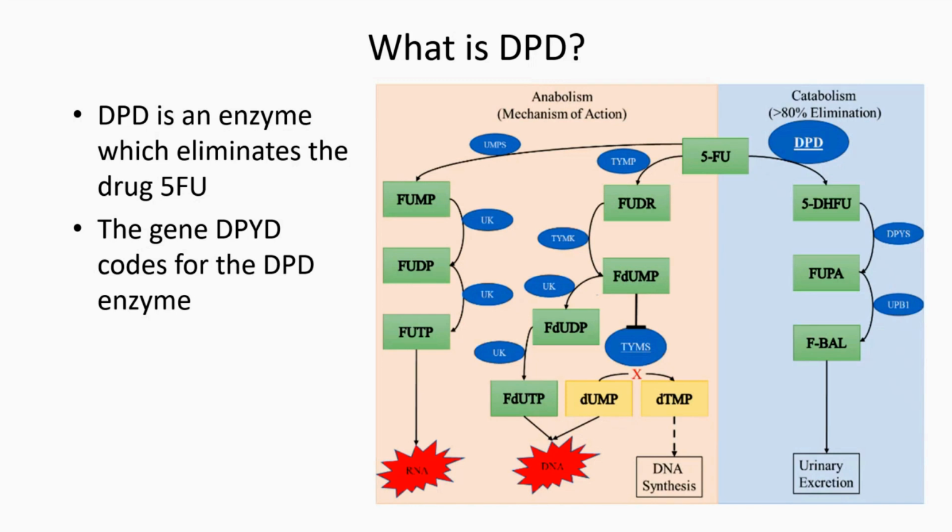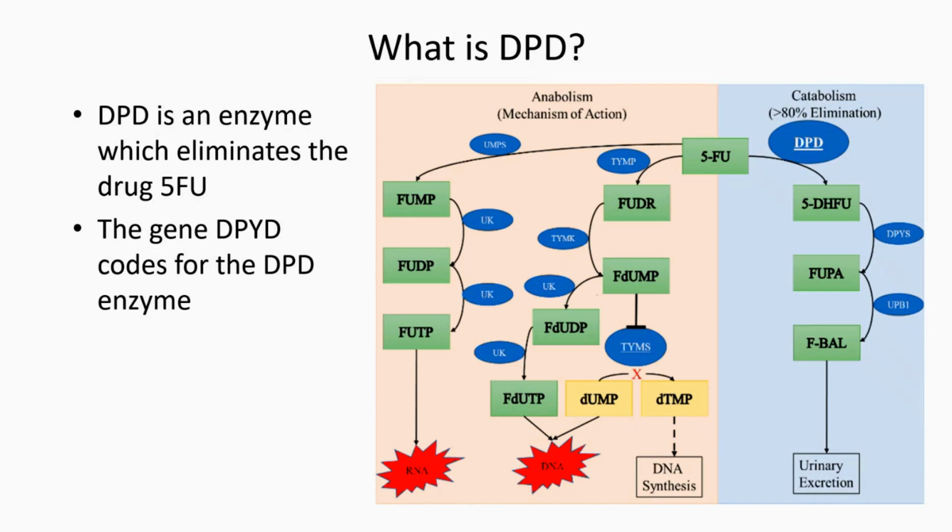This is a very rapid process, and we'd expect that the 5-FU drug, when it's given as an infusion, will only stick around in the body for about an hour before it's all removed. Then approximately 20% of the 5-FU goes on through a number of different steps to be converted into drugs which can have an effect on the cancer cells.